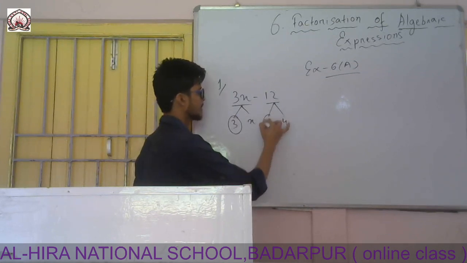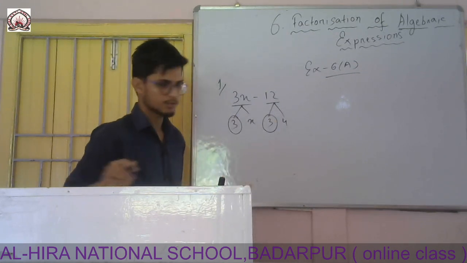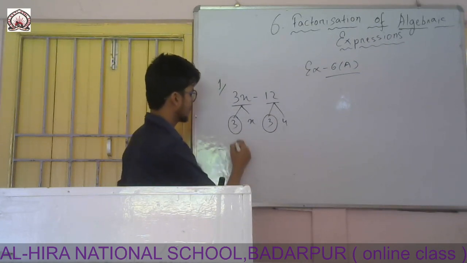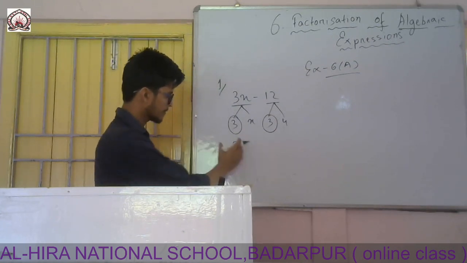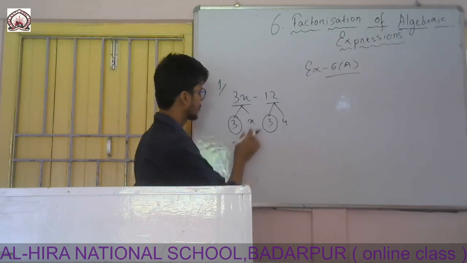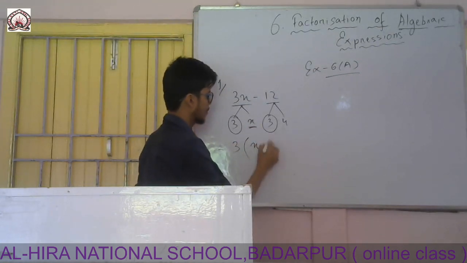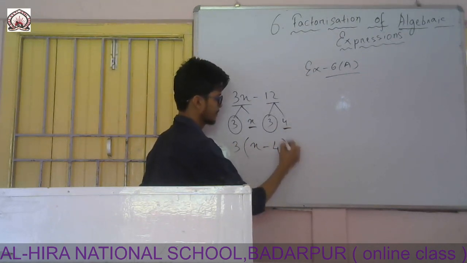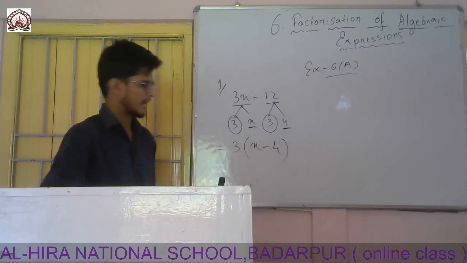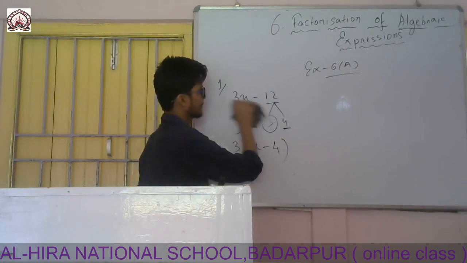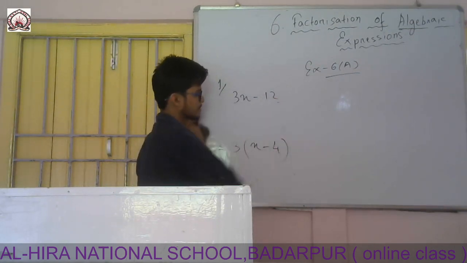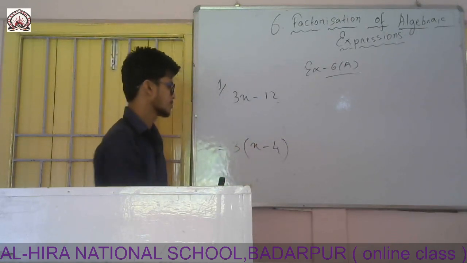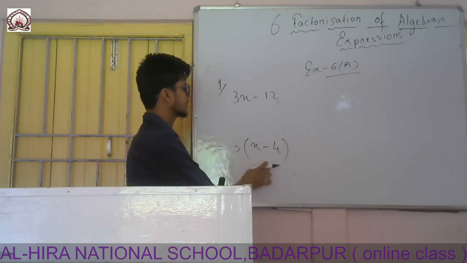In this case also 3, in that case also 3. So I can write the answer with 3 common. I will keep it first, then give the bracket. Which one is left here? x. What is the sign? Minus, and there 4 is left. So the answer will be 3 times (x minus 4). These are the factors of this expression.